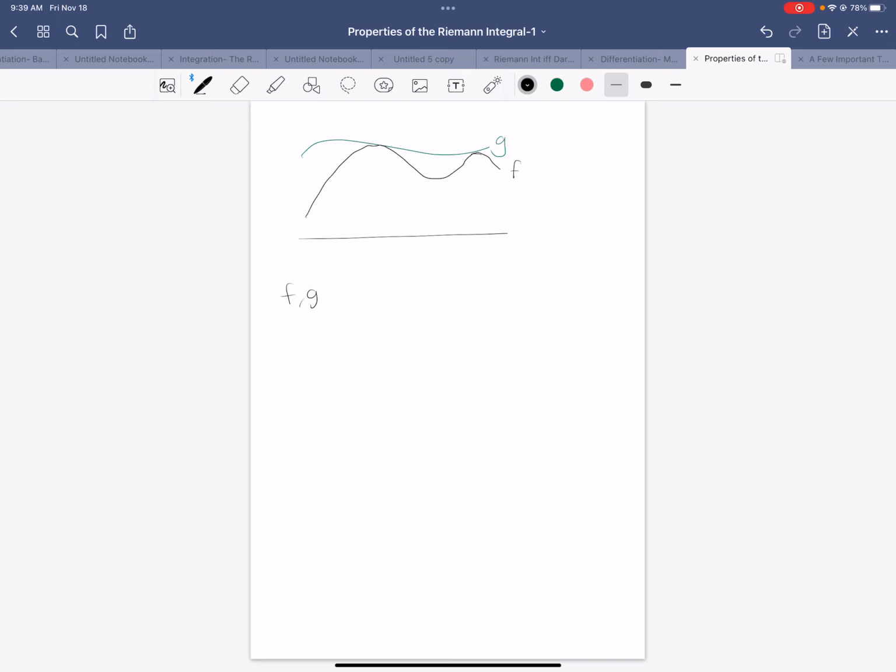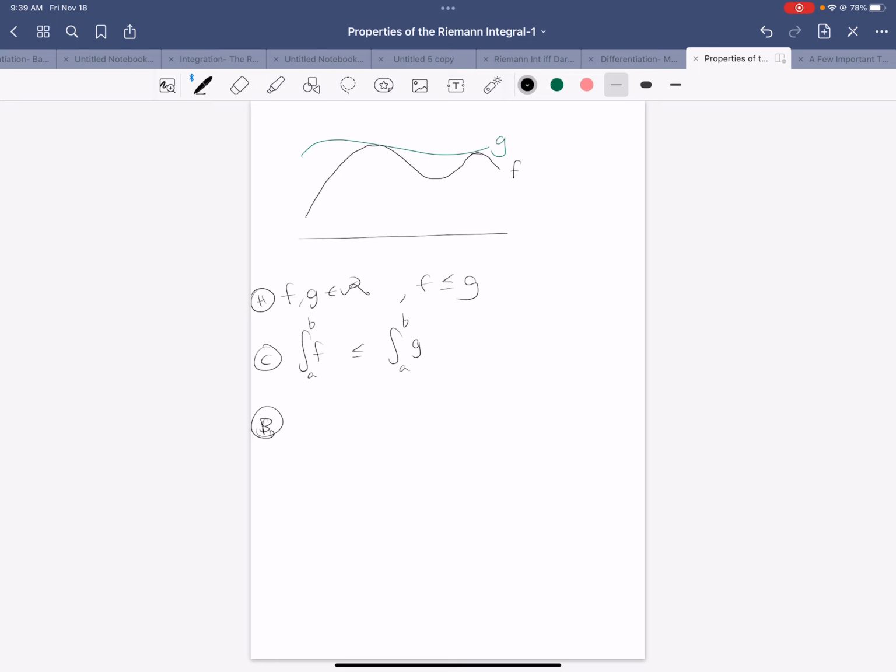Okay, so f is less than or equal to g. F and g are both Riemann integrable. That's the hypothesis. And then the claim is that the integral of f is less than or equal to the integral of g. Okay? And so for a sketch of the proof, here's what we're going to say.